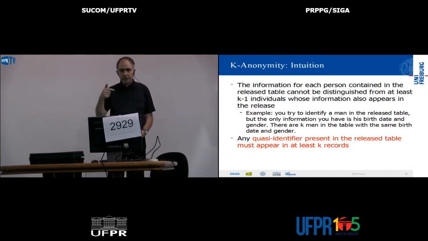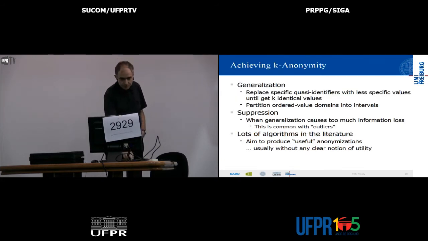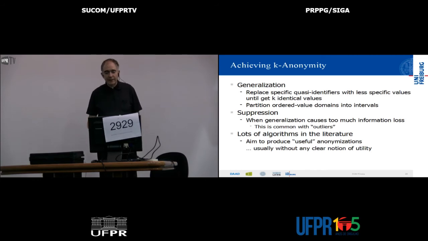That means, if we go with this K anonymity concept, that one of these quasi-identifiers must appear in at least K records. How can we generalize that? Replace these identifiers with less specific values until we get K identical values.